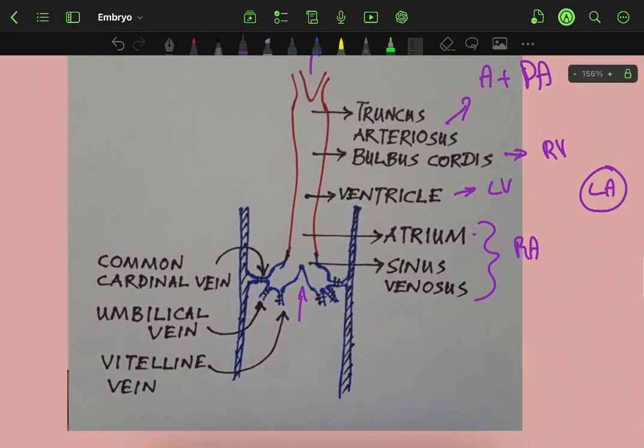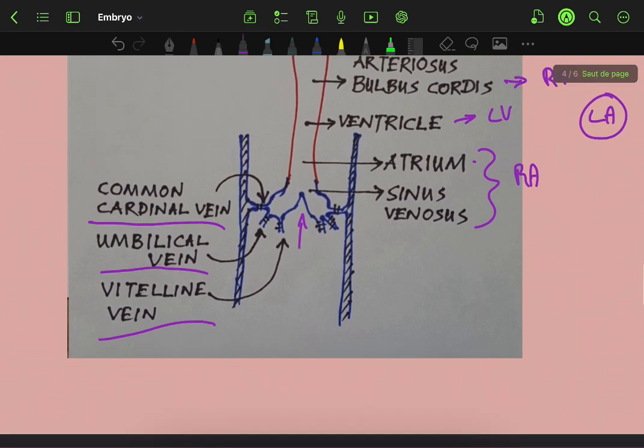So let's start with the sinus venosus. As you can see, there are 6 veins, or you can say 3 veins, and we have a left one and a right one for each of these: the vitelline vein, the umbilical vein, and finally the common cardinal vein.